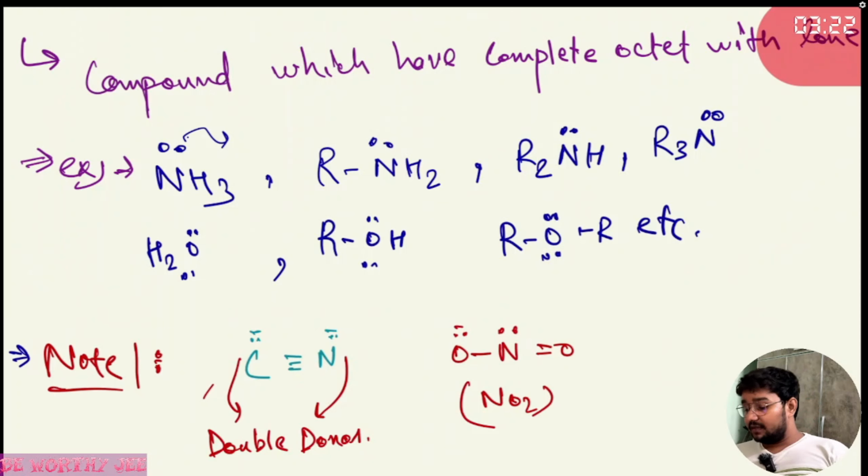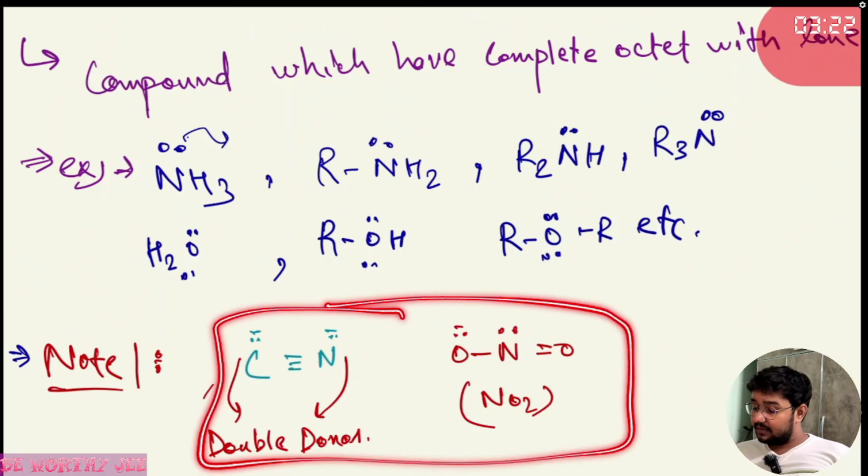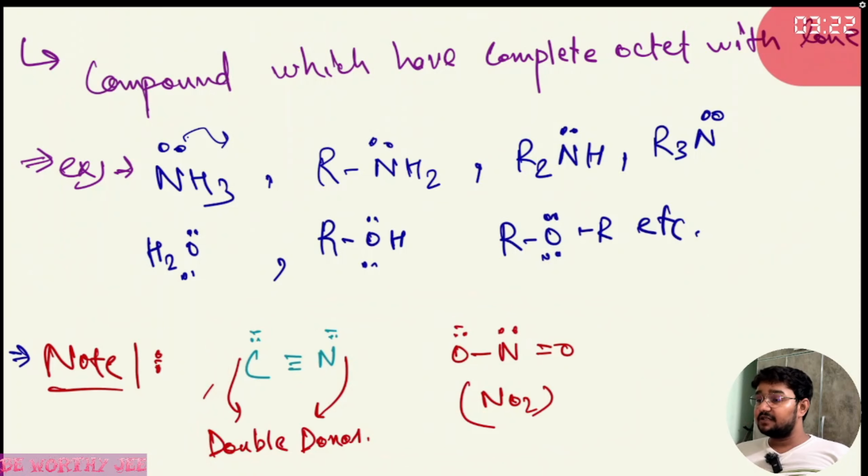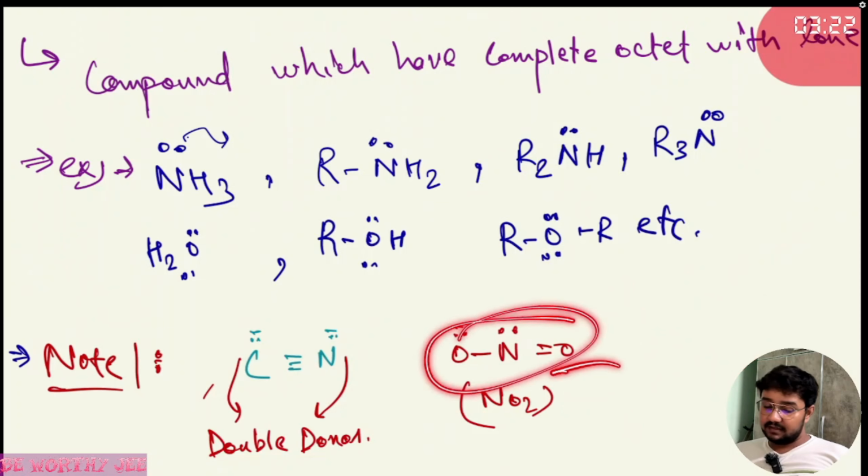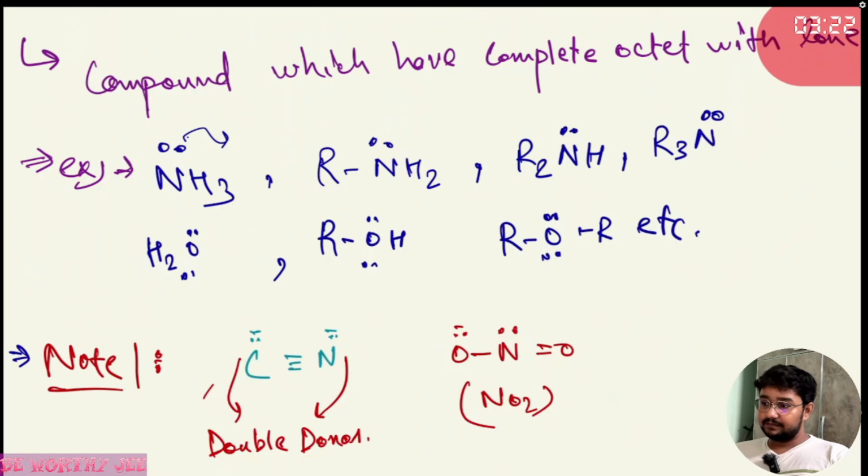So you should know these examples, because when the reaction is predicted, sometimes C triple bond N or N triple bond C is formed with the compound. So keep that in mind. Similarly, NO2 also.